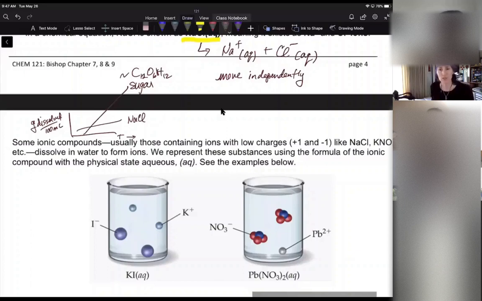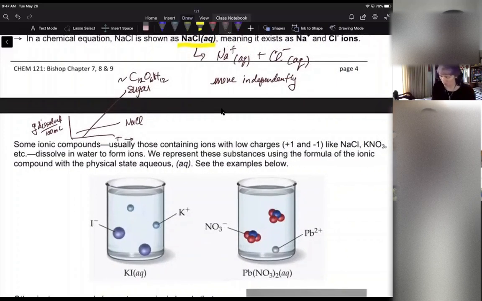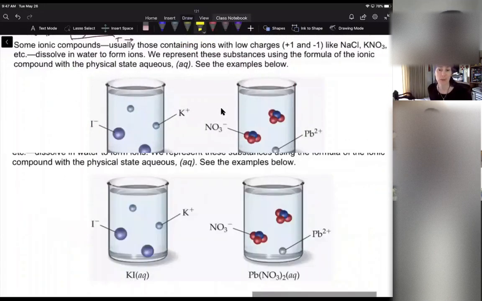Now the next section, as we get into ionic compounds that do not dissolve, we're looking at two aqueous ionic salts here. That means for both of these, those ions are floating around independently. So there's two K pluses and two I minuses, and they're just bumping around in solution. For the lead nitrate, there's one lead 2 ion and two nitrates floating around independently. When we pour them together, they're both clear and colorless.